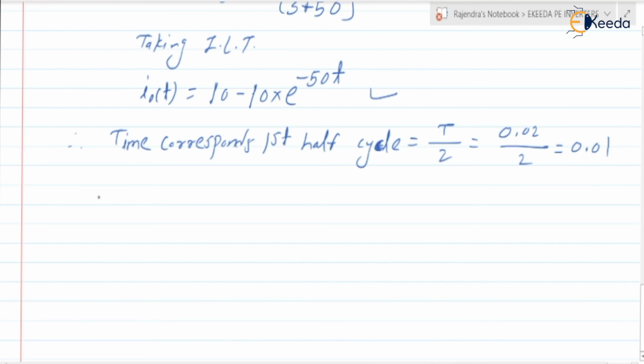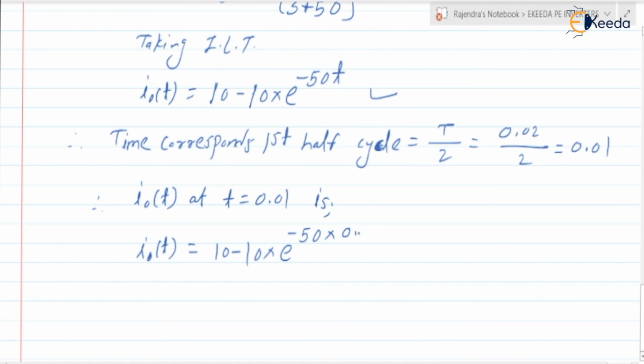Okay, therefore I0 of t at t is equal to 0.01, we can write is equal to, put t is equal to 0.01. So it is 10 minus 10 into e to the power minus 50 into 0.01.